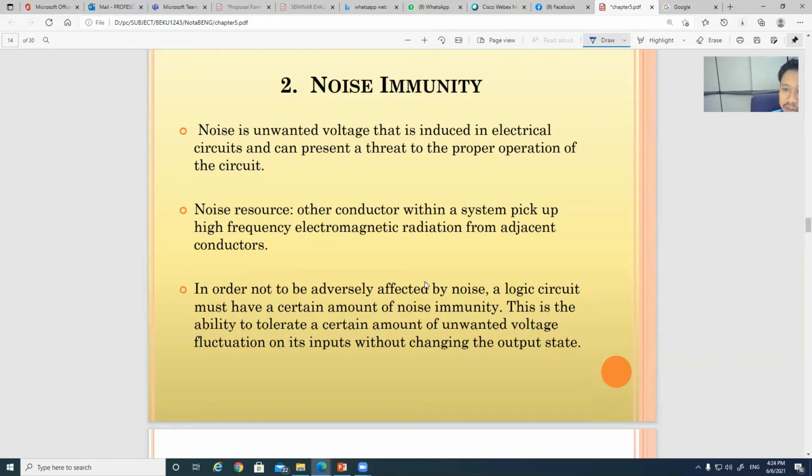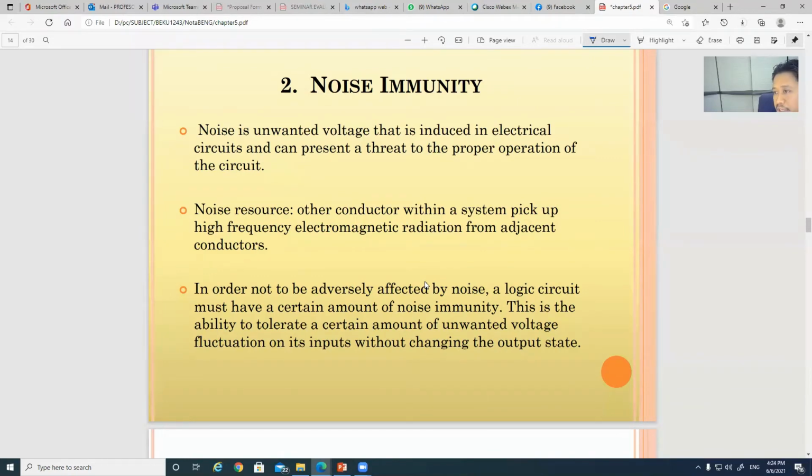The noise sources are other conductors within the system picking up high frequency electromagnetic radiation from the adjacent conductor. In order to not be adversely affected by the noise, the logic circuit must have a certain amount of noise immunity.